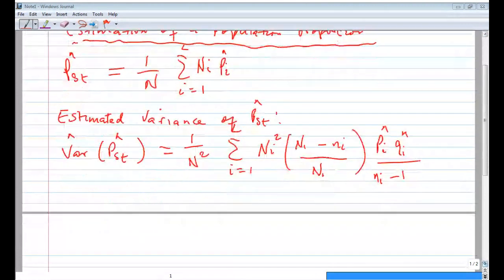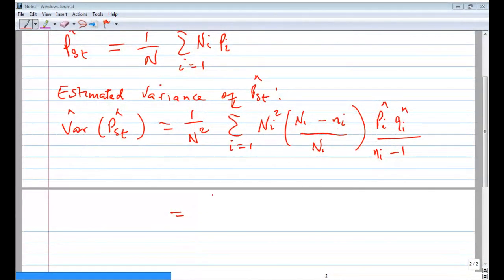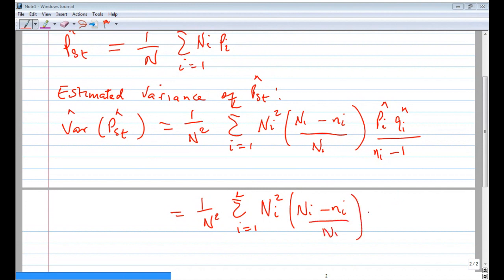So this is also equivalent to 1 over N squared, the summation i ranging from 1 up to L of Ni squared, open brackets, Ni minus ni divided by Ni, close brackets, and pi hat, open brackets, 1 minus pi hat, close brackets.